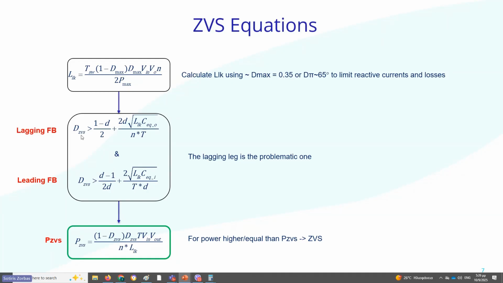So there will be a minimum capital D that achieves ZVS, and there will be a maximum D that will deliver the power, the full power. And okay, if we know the D for ZVS, then we can find the power for this capital D parameter.